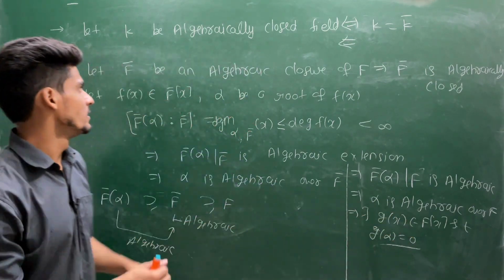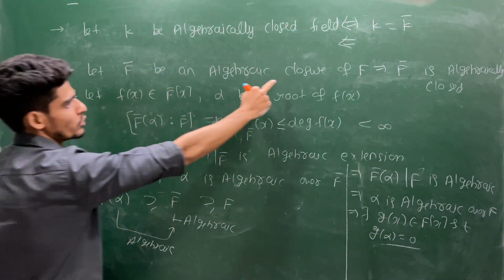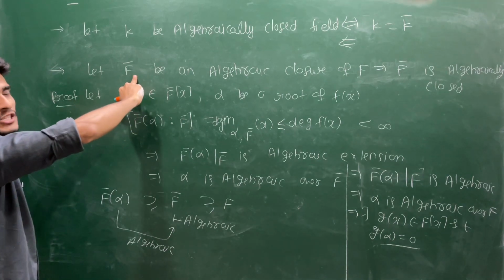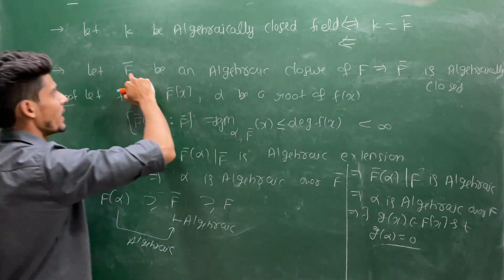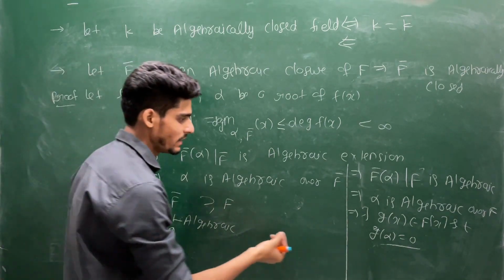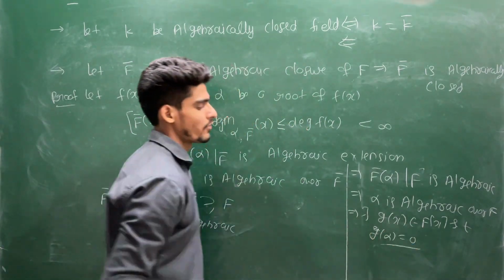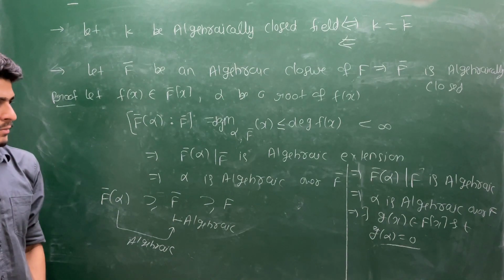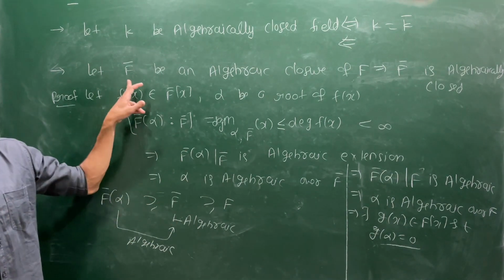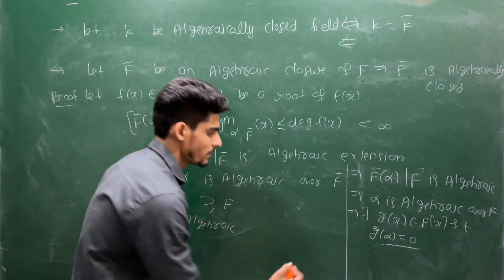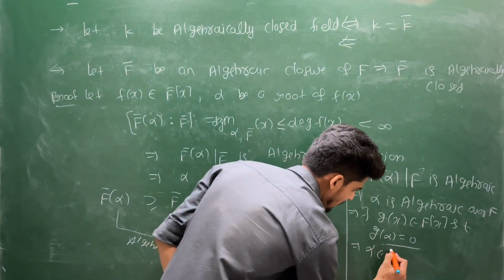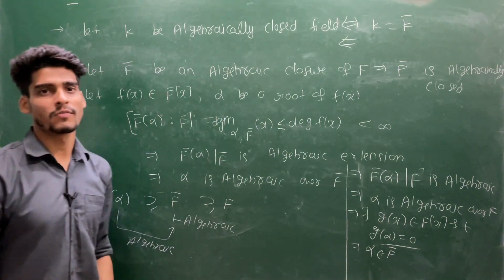But by definition, this F bar is an algebraic closure of F. That means this F bar is an algebraic extension over F, and every polynomial inside F factors completely in F bar. So in particular, this g(x) must factor completely inside F bar. So this alpha must be a member of F bar. This will force alpha to be a member of F bar by definition of F bar.